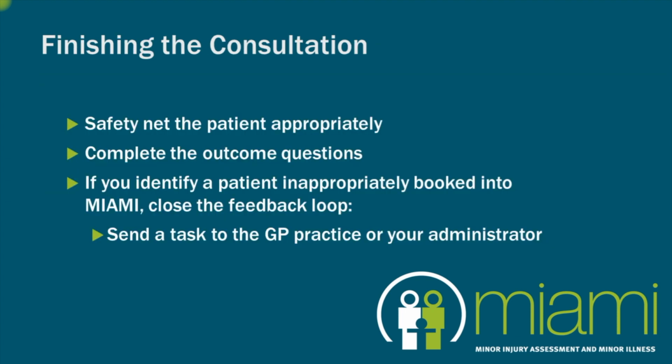If you have a patient who's inappropriately booked into Miami, it's important that you close the feedback loop so that the reception team are more accurate in the future when booking patients in for Miami appointments. Please send a task to either the GP practice's Miami team or to your administrator highlighting the problem, and they will feed back to the receptionist and ultimately improve the quality of referrals into the Miami system.